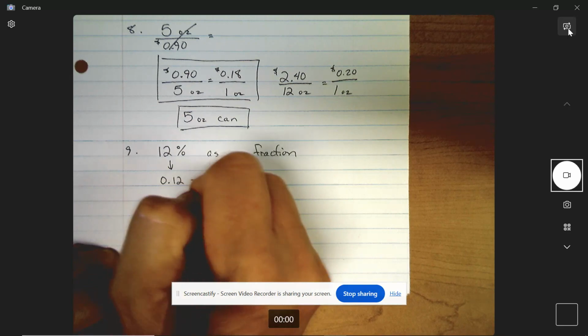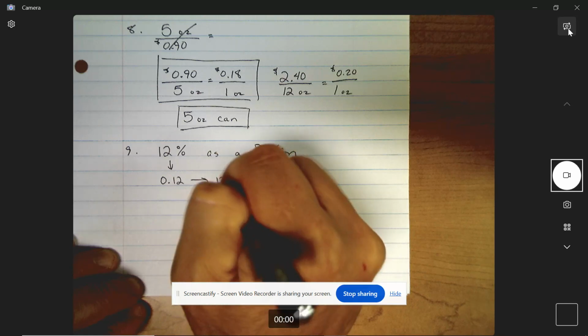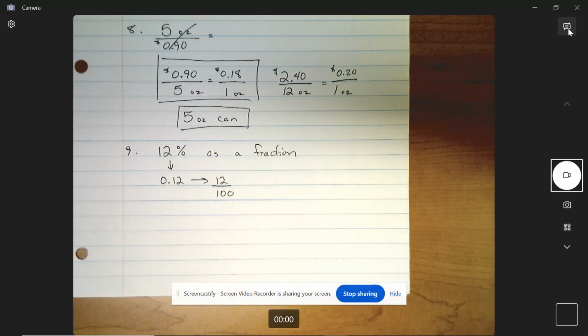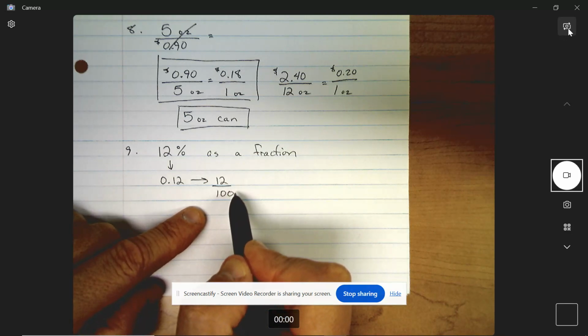You could also put it as a fraction, 12 over 100. Can that simplify? I can divide both of those by 4, actually.